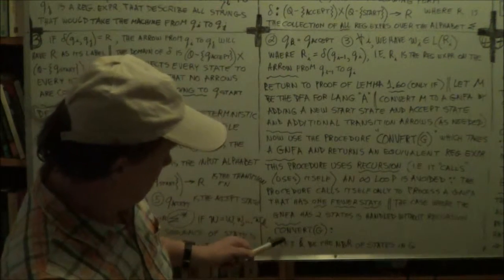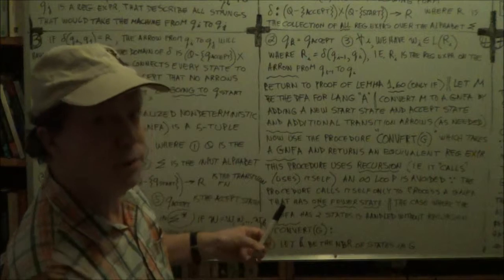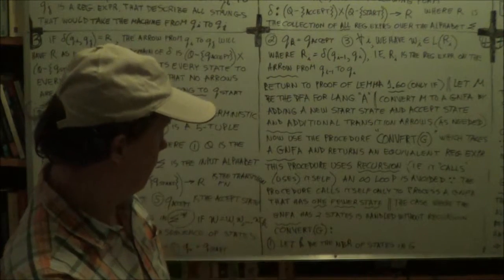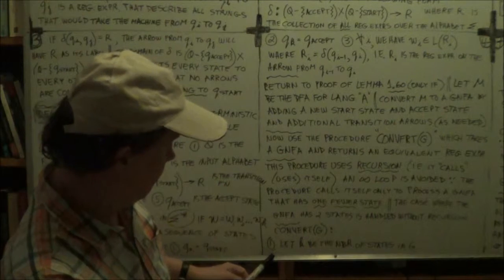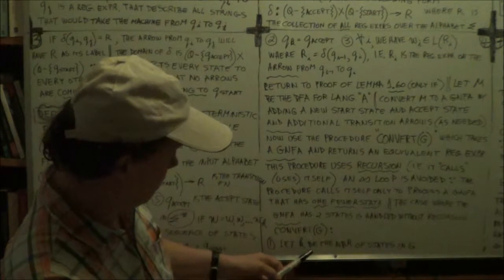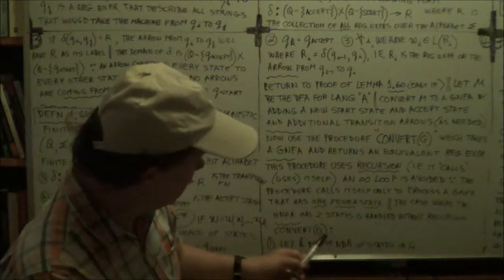So what is this procedure or recipe or algorithm doing? It takes input G, which is just a GNFA, and the first step assumes that K is the number of states in this GNFA.